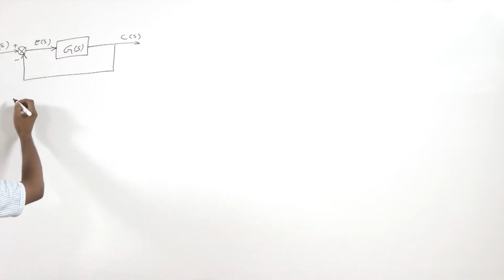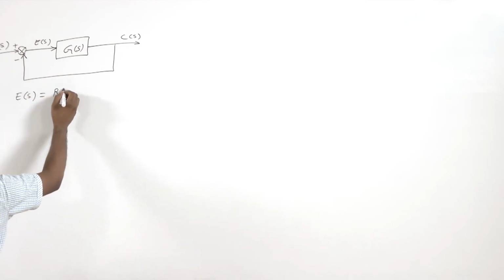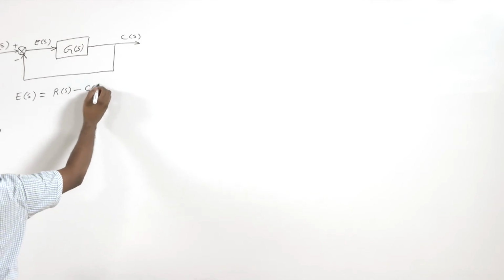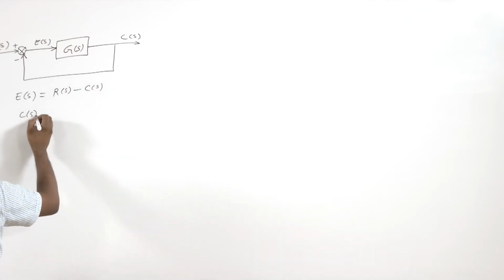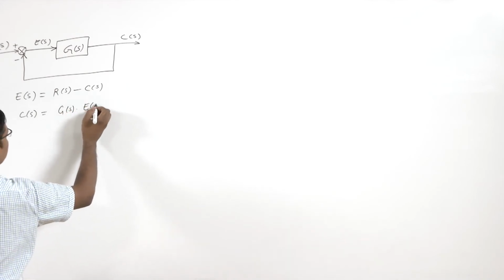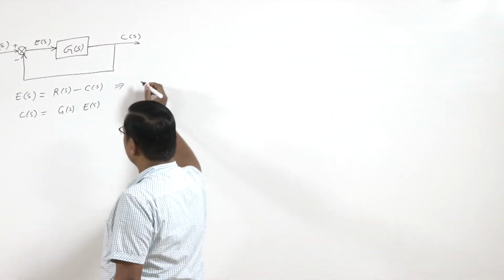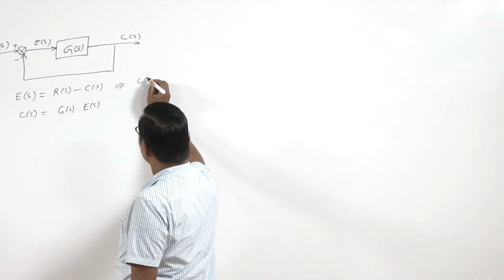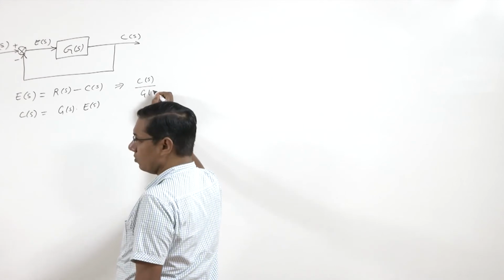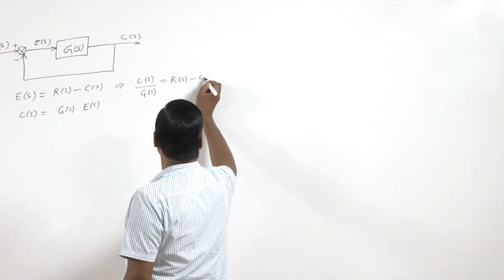and here we can write E(s) equal to R(s) minus C(s), and C(s) equal to G(s) into E(s). So we can write this as C(s) by G(s) equal to R(s) minus C(s).